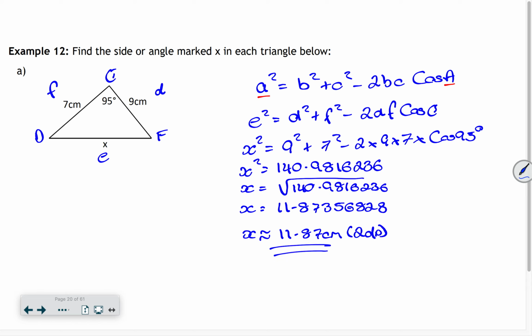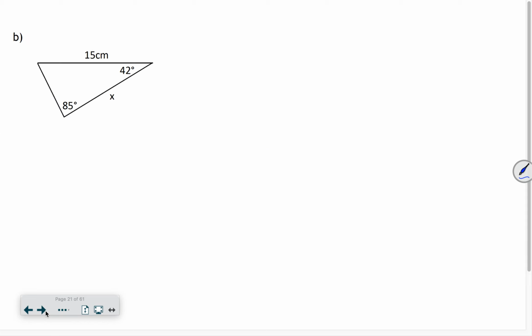Okay, let's look at example B then. Example B has got a triangle where we have two angles, one side and an unknown side. Like I've said to you before, if you know two angles, straight away fill in the third angle. So 180, take away 85, take away 42, this angle here is going to be 53 degrees.